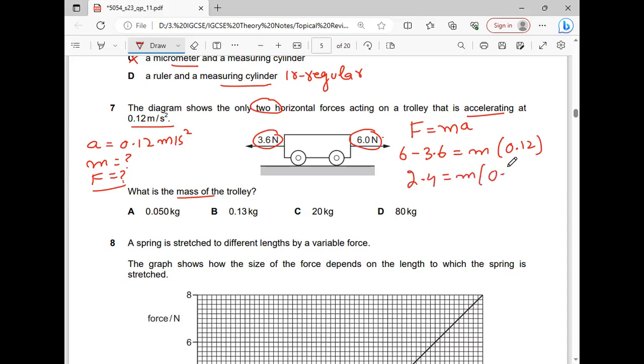Mass into 0.12. 2.4 divided by 0.12, it's 20 kg. So which option is correct? Option C is the correct answer.